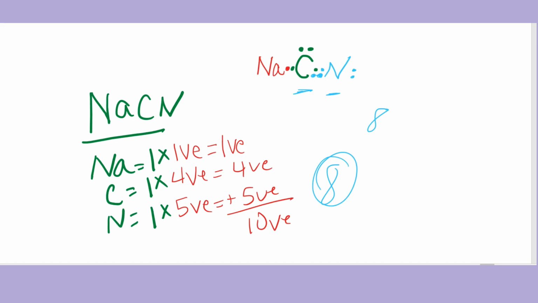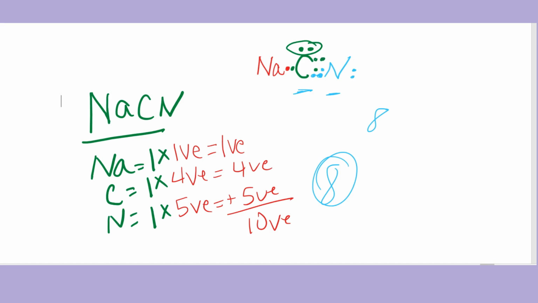Well, carbon says, well, I have my 8. See, that's 2, 4, 6, 8. But nitrogen's like, well, I'm not happy because I just gave you 2 of mine, but I need 2 of yours now. So I need 2 more because I only have 6. See, that's 2, 4, 6. So you're going to take these 2 from the top up here and move them right there in the middle.